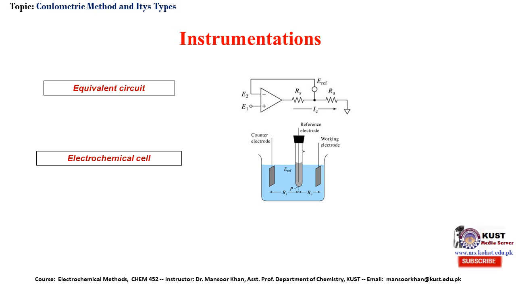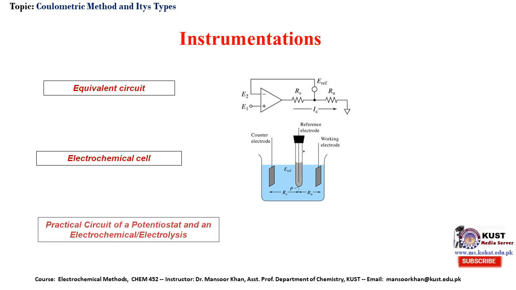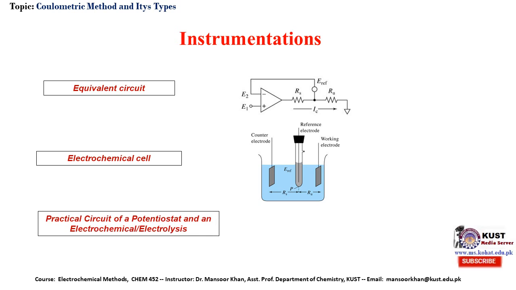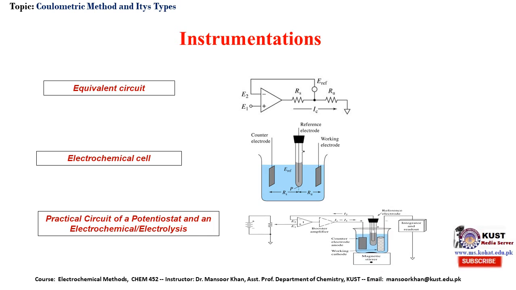This cell is known as an electrolytic cell because electricity is converted into chemical energy. This is the practical circuit of the potentiostat and the electrochemical cell.